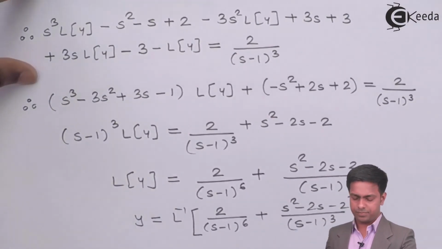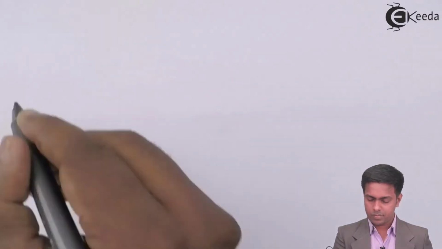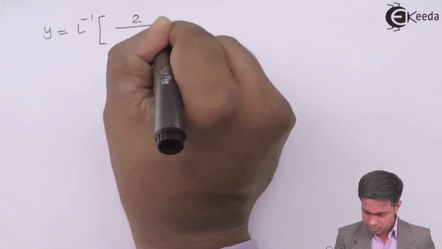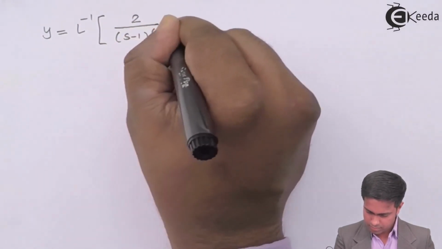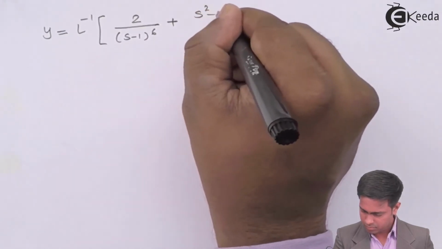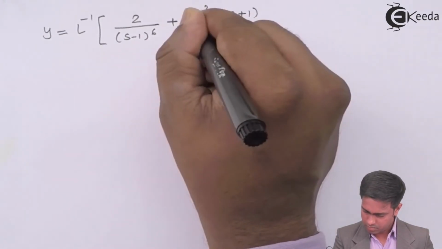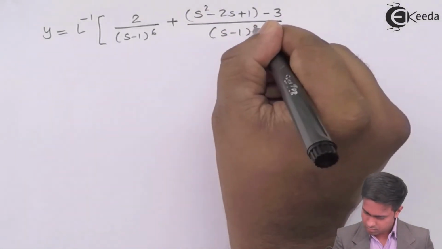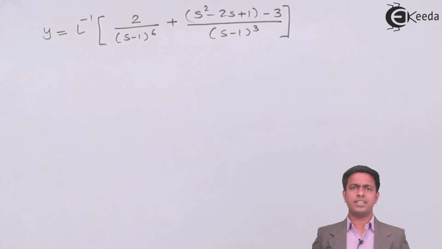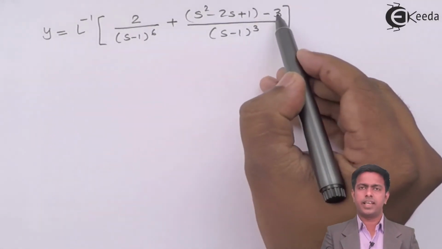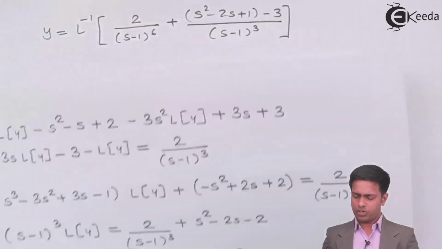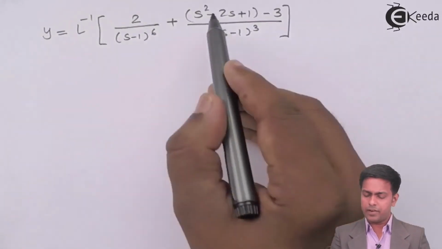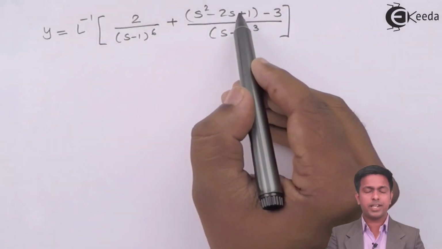So here I'll get. Now guys, here plus 1 minus 3 is gonna give me minus 2, which was the original term, and remaining things I've kept it as it is. Now this bracket, if you'll observe, then it is the expansion of (s minus 1) the whole square.